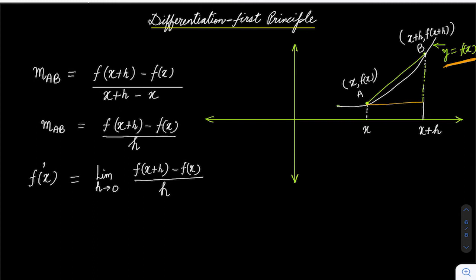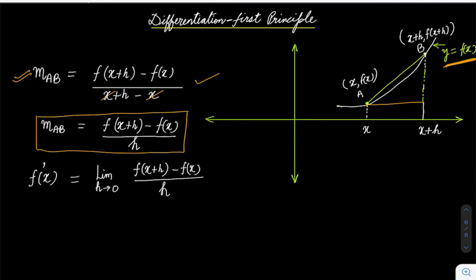As you can see, gradient of AB is f(x plus h) minus f(x) over (x plus h) minus x. That is change in y coordinate divided by change in x. Now you can cancel this x, so you are left with h only. So this is what we get as the gradient of chord AB.